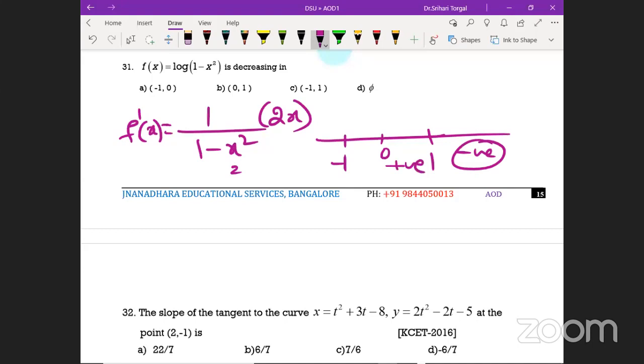And if I put minus half here, negative. Minus 1 below, minus 2. If I put minus 2, it is negative. So you can see here the log is decreasing.